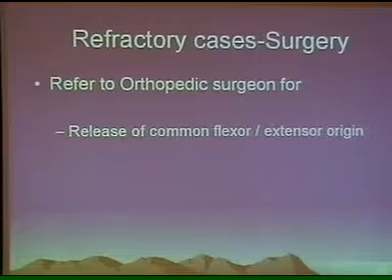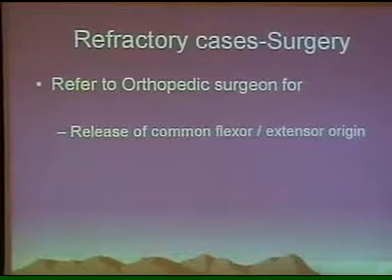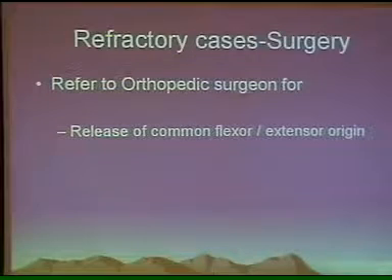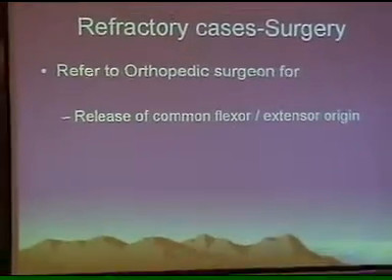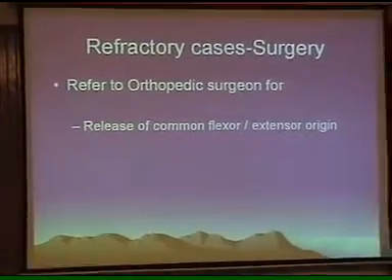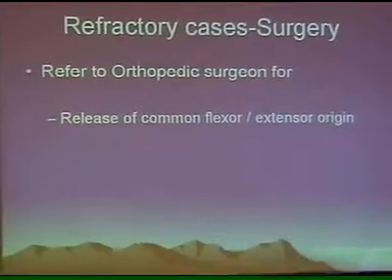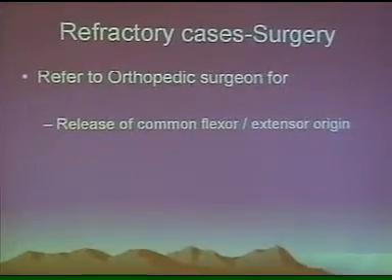I would say about 95 to 98% of patients respond to these sort of measures, but we do come across patients who, after repeated steroid injections, don't respond. In these cases, we can offer them surgery, which is release of the common extensor origin in tennis elbow and common flexor origin in golfer's elbow.